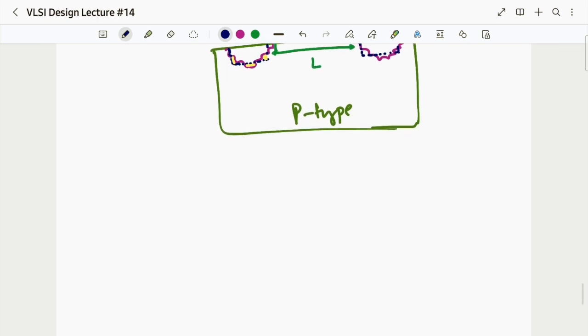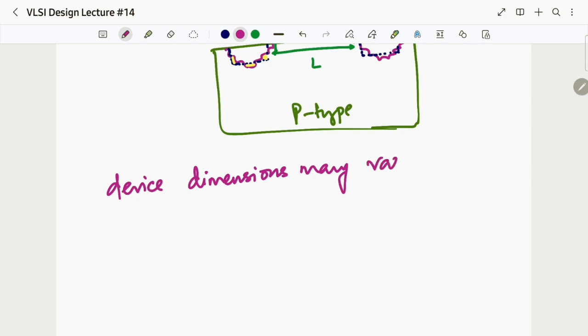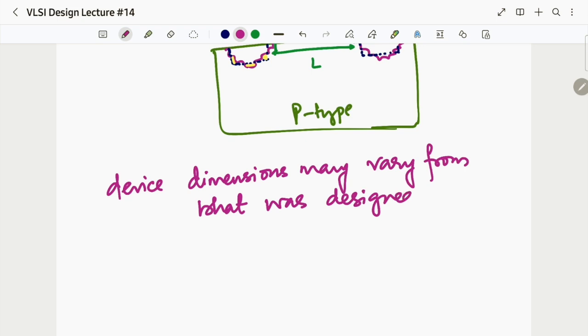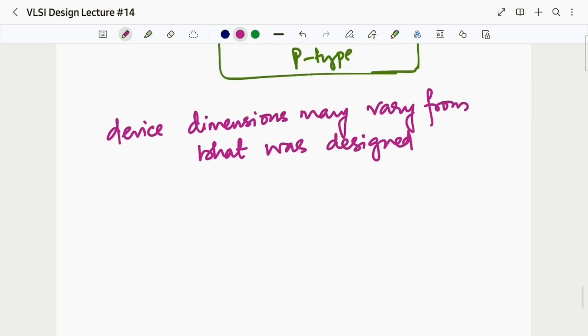Okay, so device dimensions may vary from what was designed. You are still designing for a 4 nanometer transistor, but it might vary. It might be very minute dimensions we are talking about.